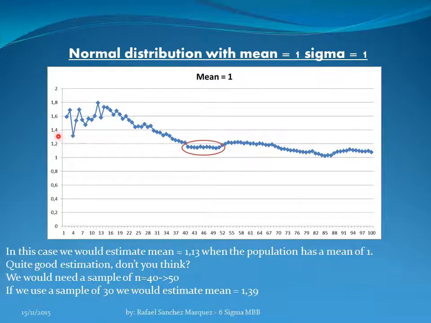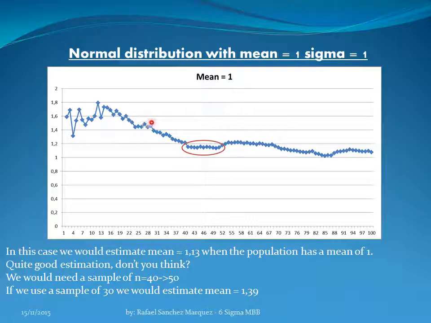For example, the first point is in the second position, so it means that it is the mean of the two first data points. And then the third one is the mean of the four first data points. This would be this one. So this is the mean calculated from the four first data points, and so on.